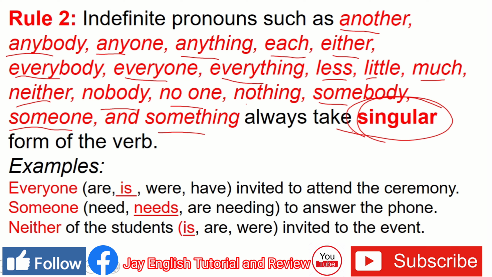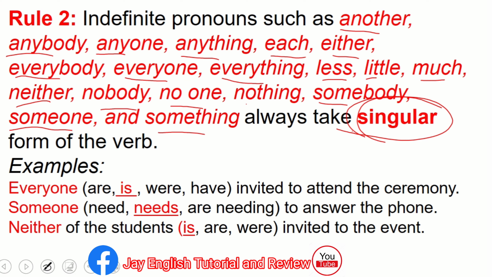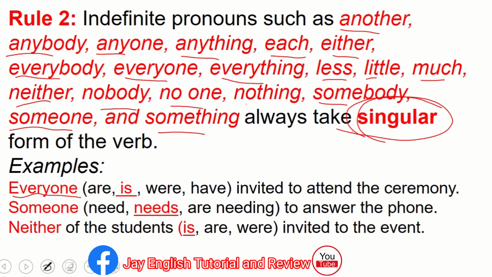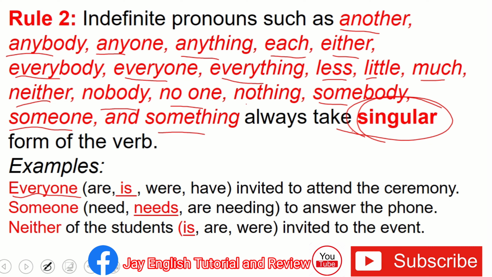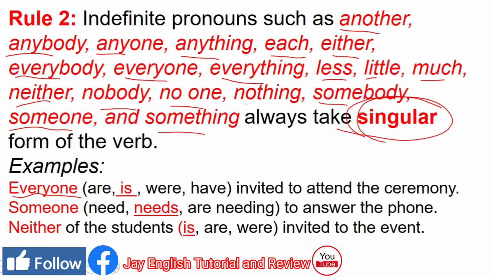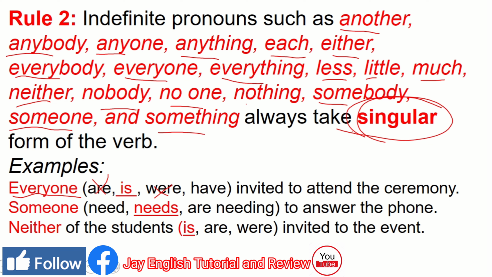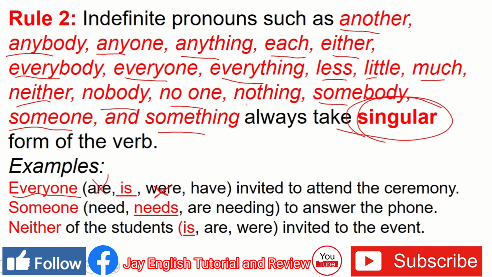So it means that when you use one of them in the sentence, always think of a singular verb. Okay? For example, everyone are, is, were, have invited to attend the ceremony. Okay, so the verb are is plural, so you cannot use this. Were is also plural, a past tense, and this is the past tense of the linking verb are.